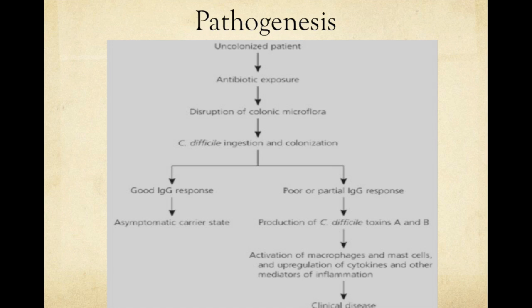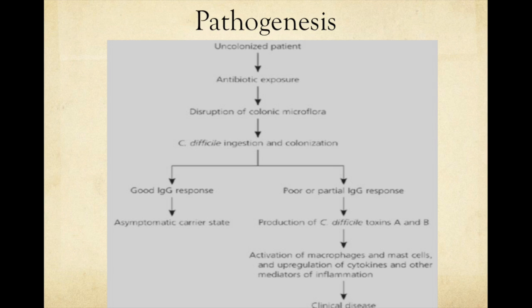As far as pathogenesis, as you can see with the picture, when an uncolonized patient is exposed to antibiotics, this normally causes a disruption of the microflora, so then it allows the C. difficile spores, which cause ingestion of it, and then you also have colonization.